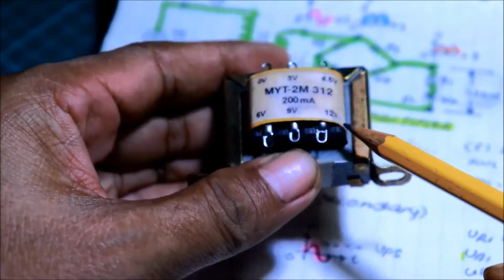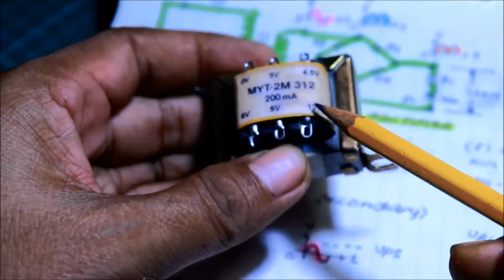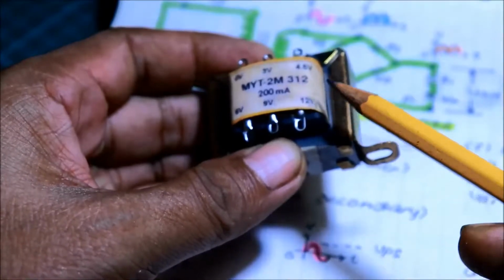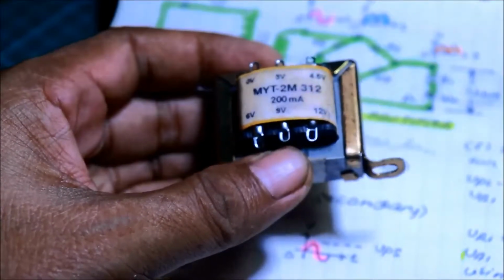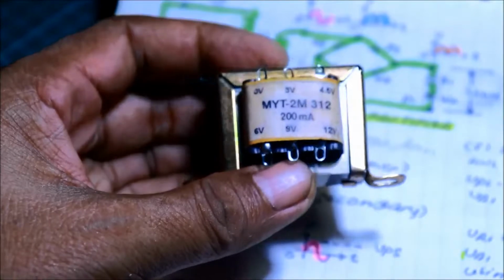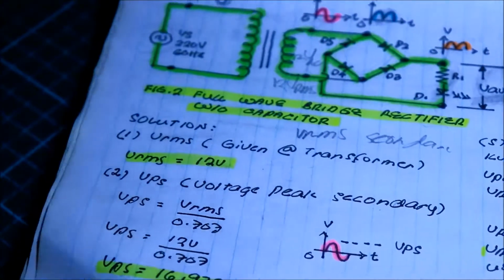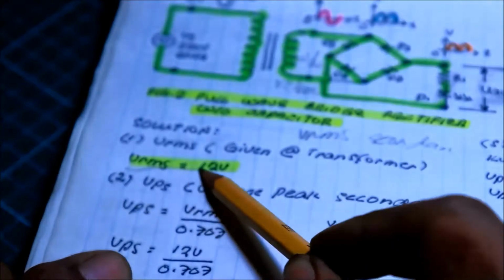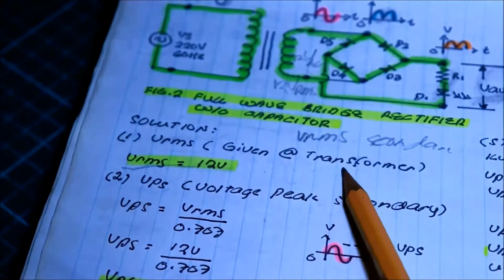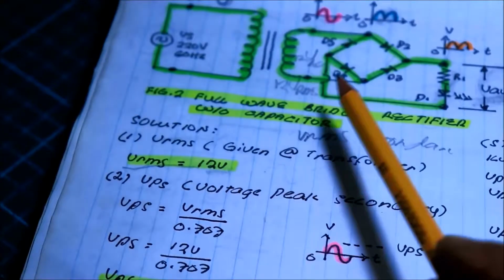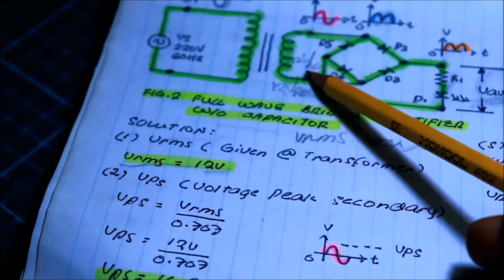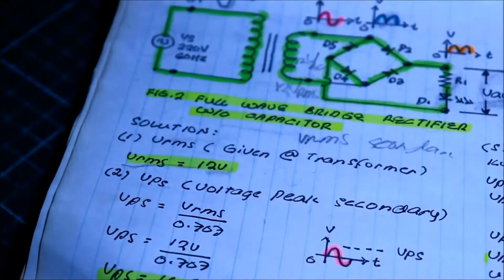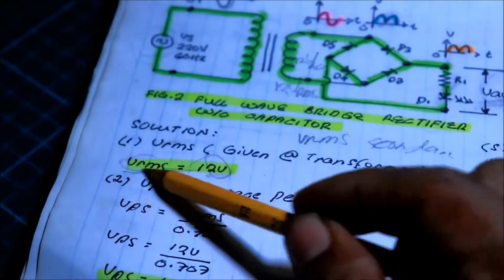We're going to use 12 volts, and that is now the voltage VRMS. 12 volts VRMS is given in the transformer when you buy it. The secondary where you're going to use is the VRMS. So 12 volts is the VRMS of the secondary.